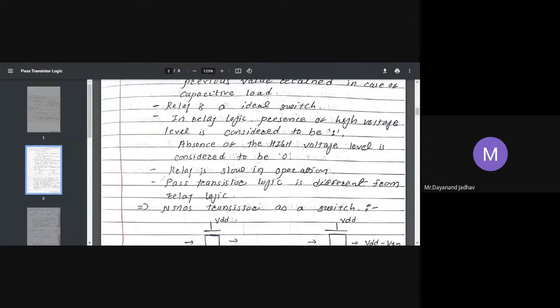Just like that, when we consider pass transistor logic using NMOS, NMOS acts as a switch, and PMOS also acts as a switch.